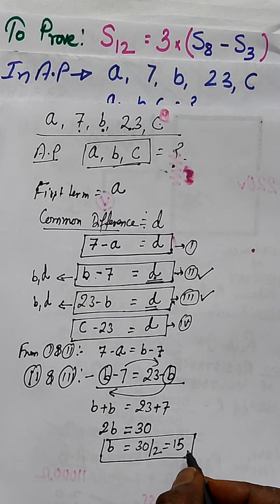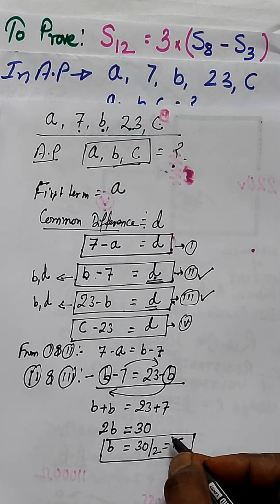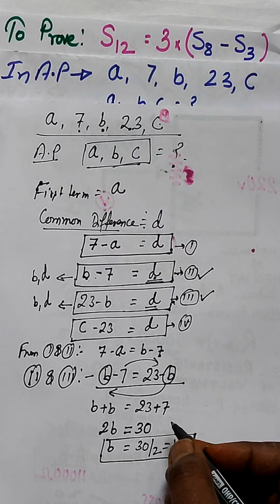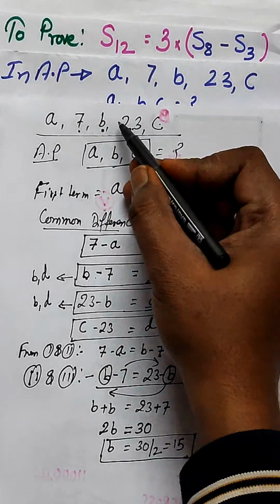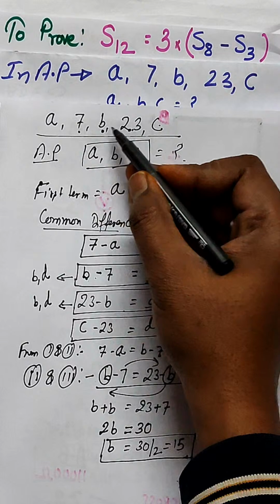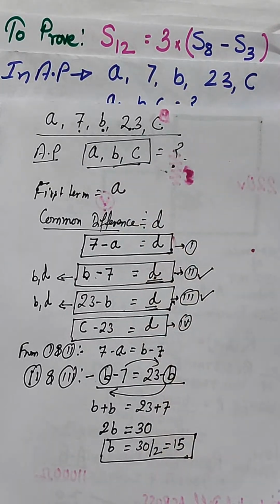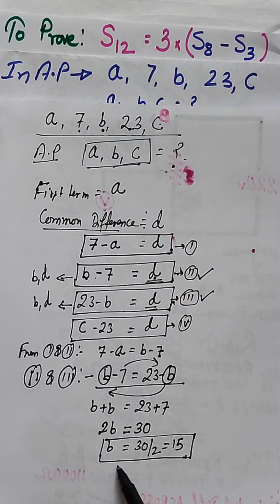Now what we will do, if the value of B is known to us, then go to a relation where B is used here and also here. Okay, so the value of B is known to us. What we did, you understood.